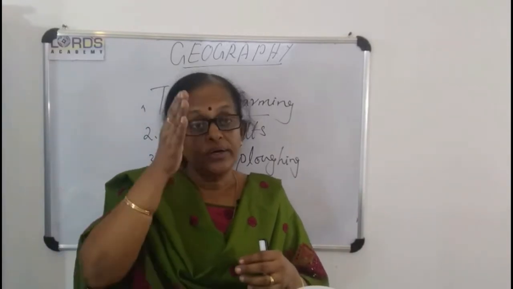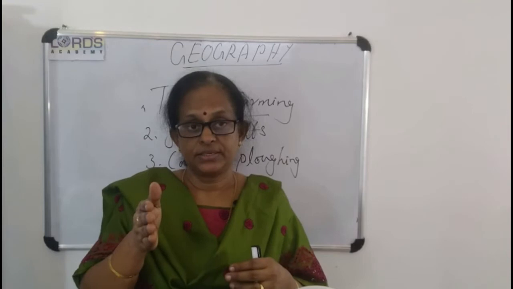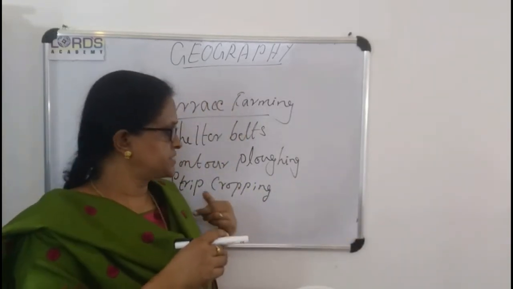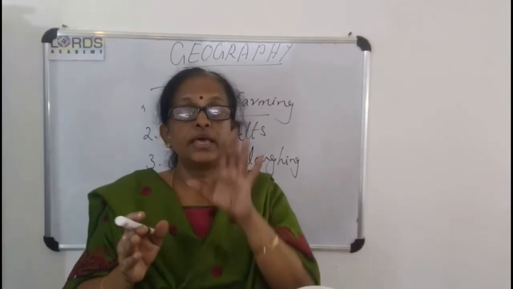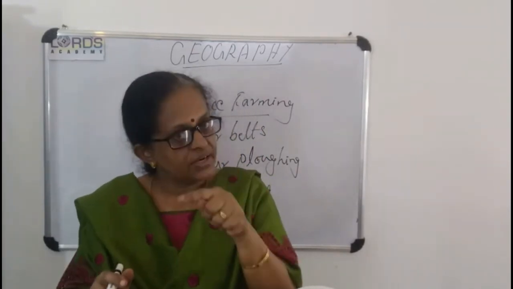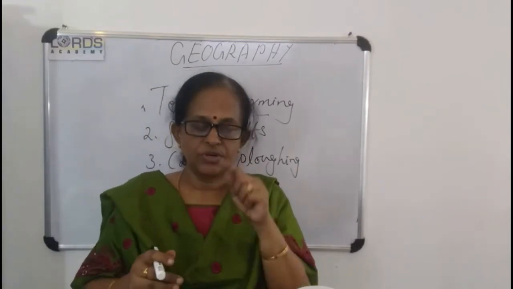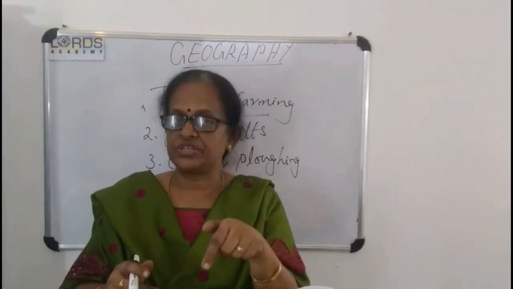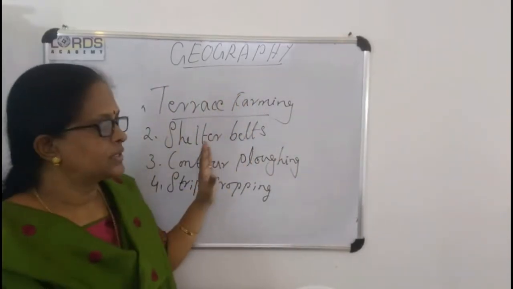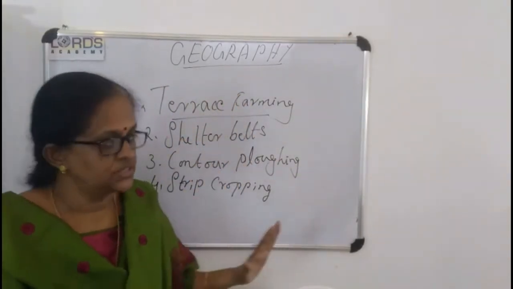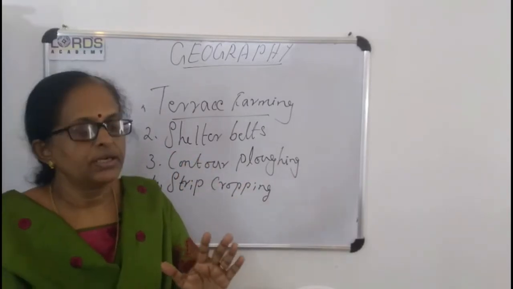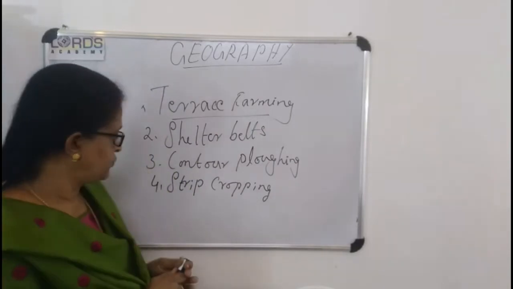Here also wind erosion we can reduce. Clear? Soil erosion due to wind, that we can reduce. Therefore, we are studying the preventive methods of soil erosion. Clear? Then this is strip cropping, the fourth one.